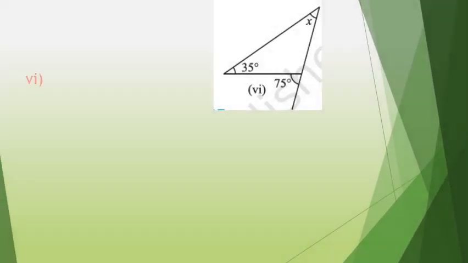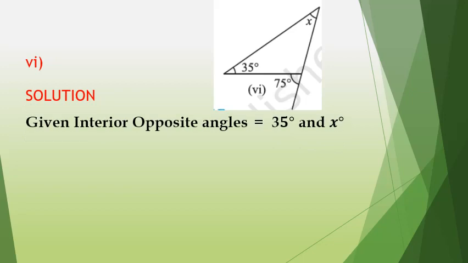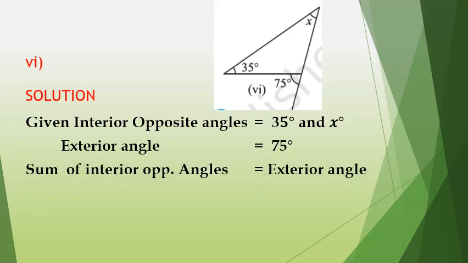The last question, question number 6. Given interior opposite angles are 35 degree and x degree. Exterior angle equal to 75 degree. Sum of interior opposite angles equal to exterior angle, that is 35 plus x equal to 75 degree, or x equal to 75 minus 35 equal to 40 degree.